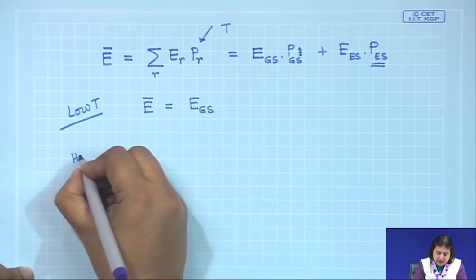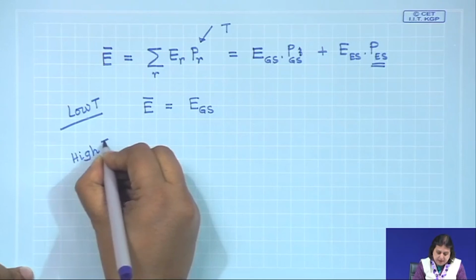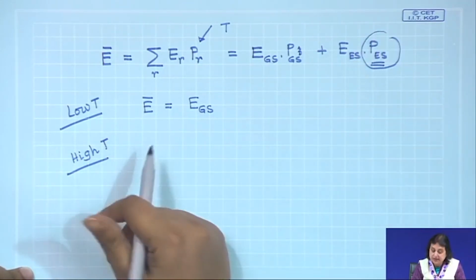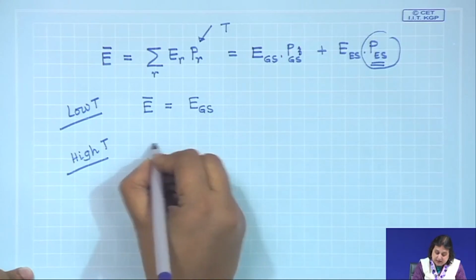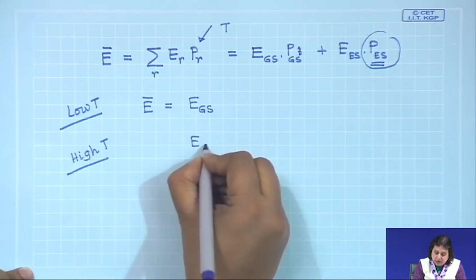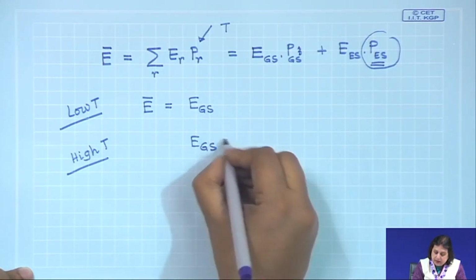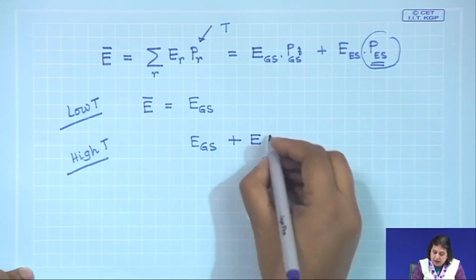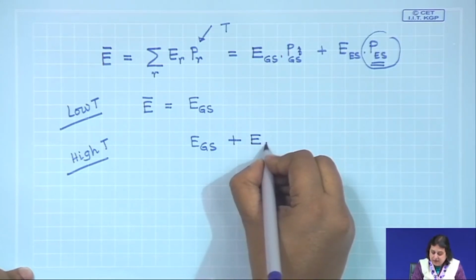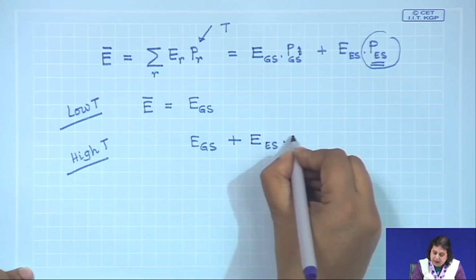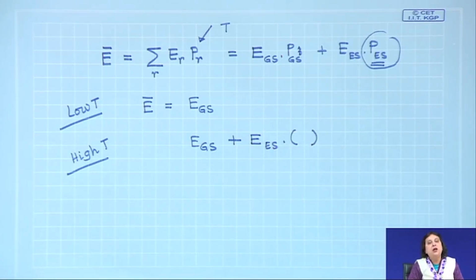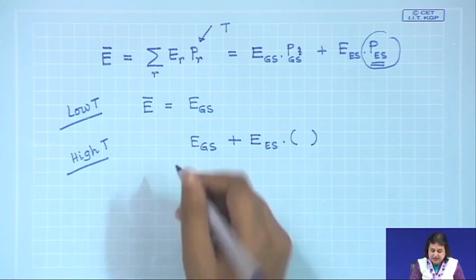But at very high temperature, what happens is the probability of occupation of the first excited electronic state increases. As a result, then in addition to the ground state energy, we have some energy values coming up from the first excited state multiplied by some number which tells me the fraction of population present in the first excited state.